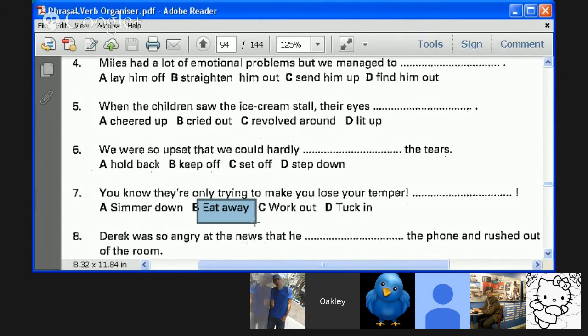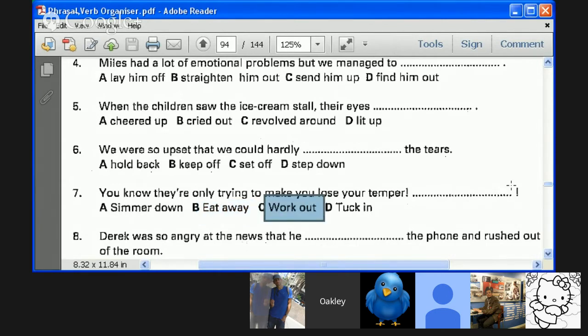He's so cruel and so critical. Very abstractly about feelings. Or I can use it much more physically. Rust is eating away at my car. Slowly, pieces of my car are falling off as the iron oxidizes and the rust eats my car.